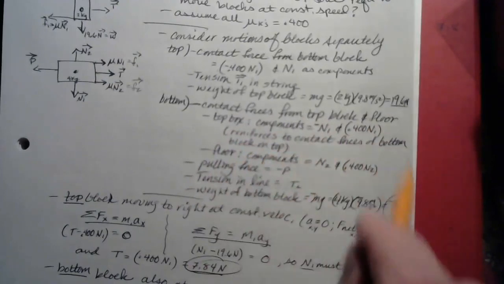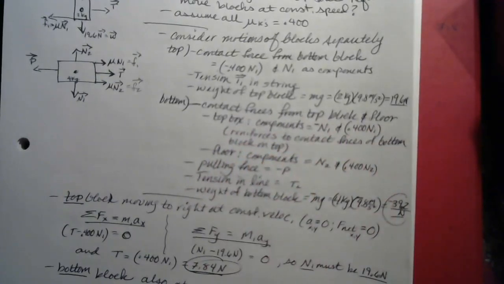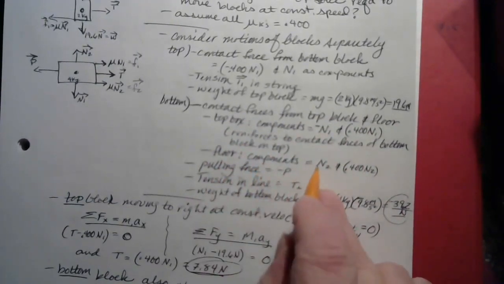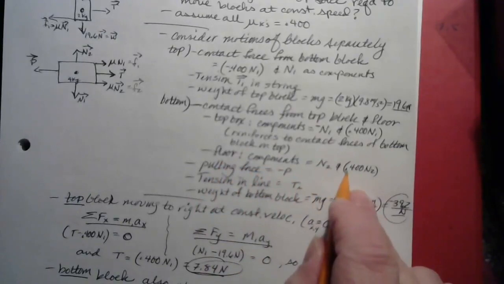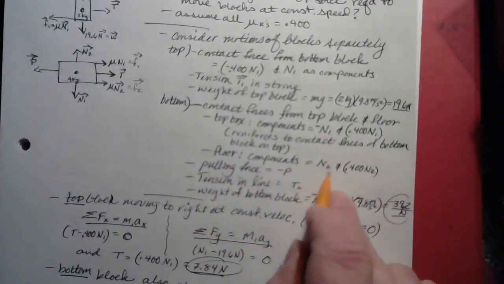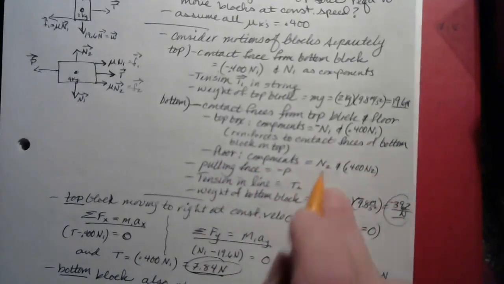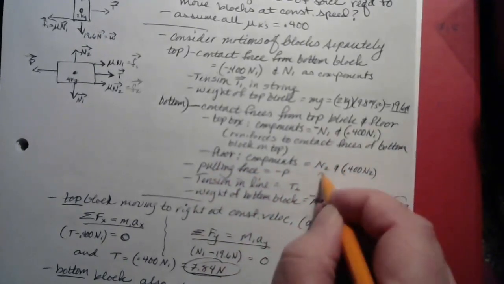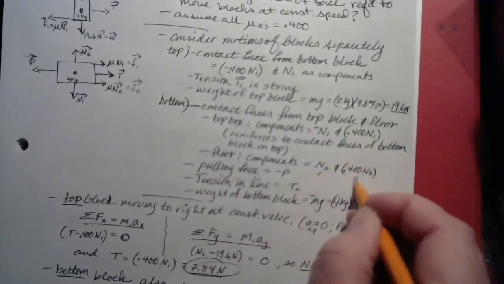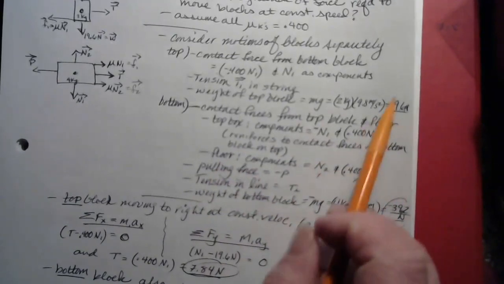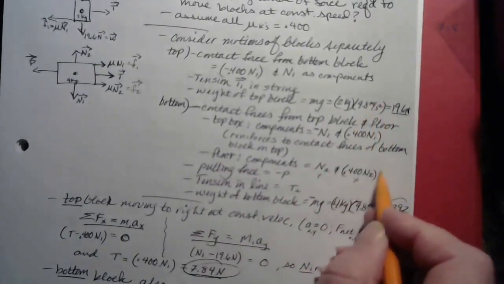Those are reaction forces to the contact forces of the bottom block on the top block. And for the floor, the components are N2 and 0.4 times N2. That is the normal force for block 2. That is the Y term. And the X term is 0.4 times N2 because that is the force of friction.